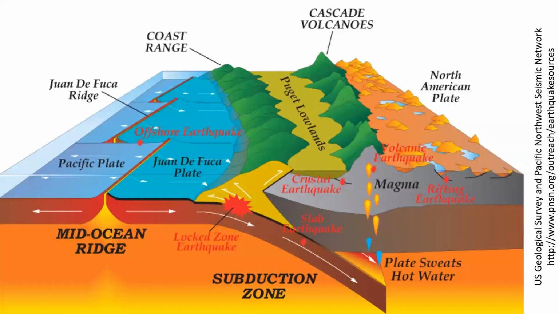The Cascade Mountains, which were created by volcanoes, formed in a completely different mechanism, overriding the Juan de Fuca plate. The continental plate, the North American plate, is a different rock structure, so it has a lot more silica in it, and the oceanic plate has a lot more basalt in it, and it is denser.